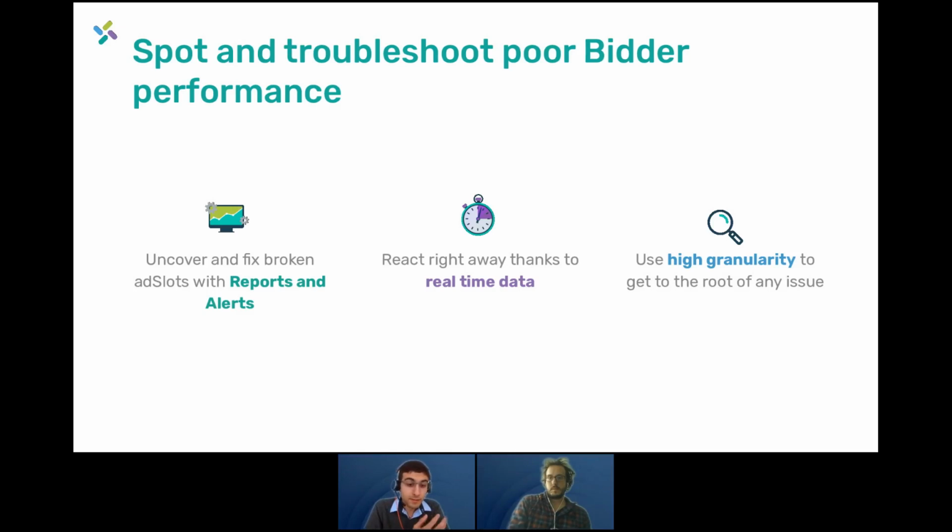The thing is, you will want to be able to spot that very quickly, and you will want to also be aware when this kind of thing happens in the future, because as everybody knows here, Prebid and programmatic are very complex from a technical standpoint, and it's not too rare that you have ad slots breaking and monetization coming to a halt.